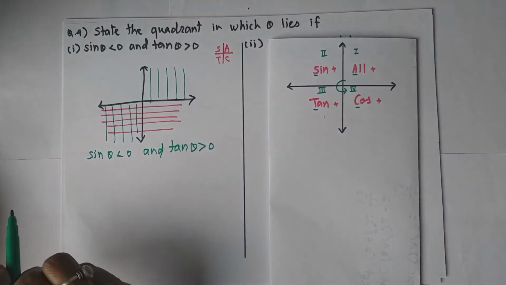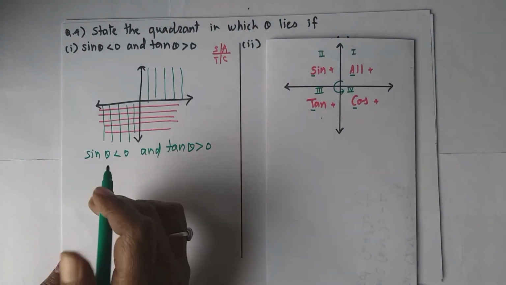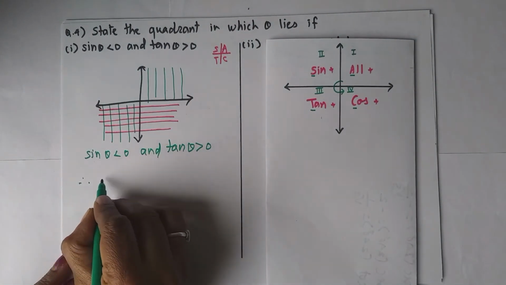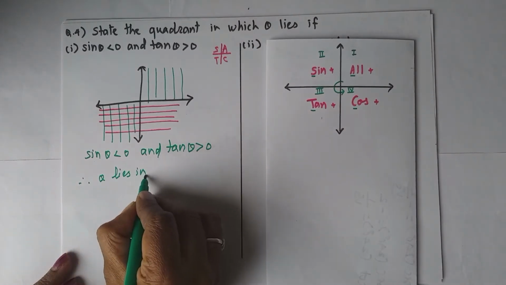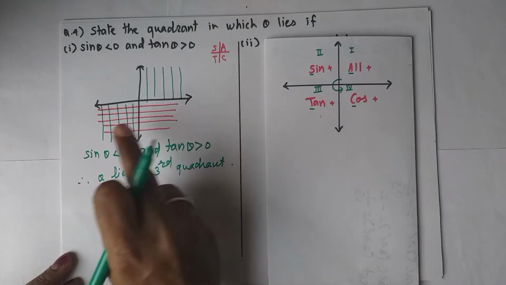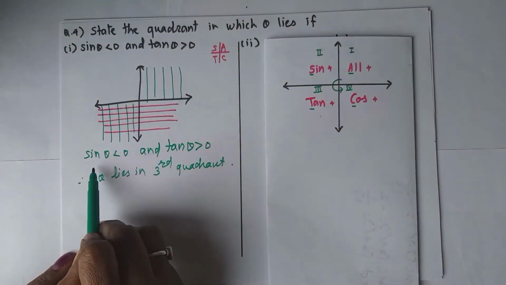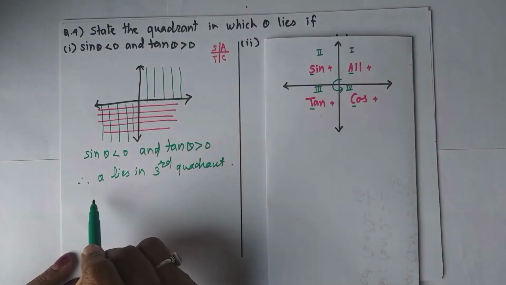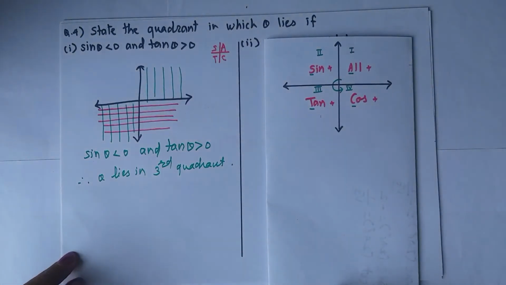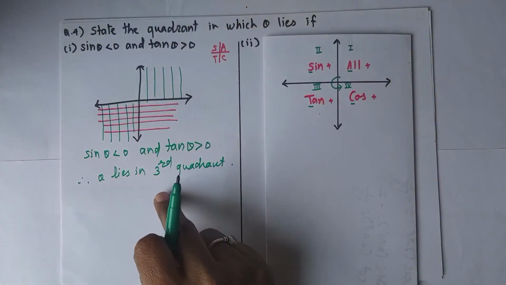Third quadrant. Therefore, you write down theta lies in the third quadrant. If you draw the rough diagram like this, then it is very easy to determine the quadrant. As sine is negative and tan is positive, therefore theta lies in the third quadrant. If you know this concept, then it is very easy to determine the quadrant.